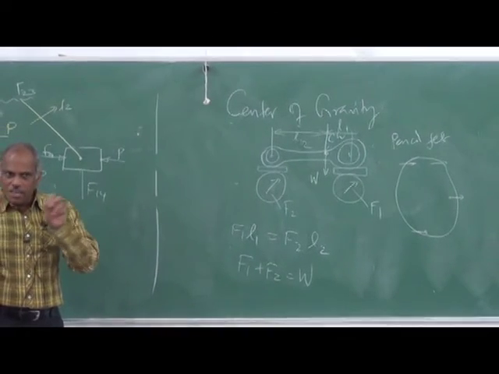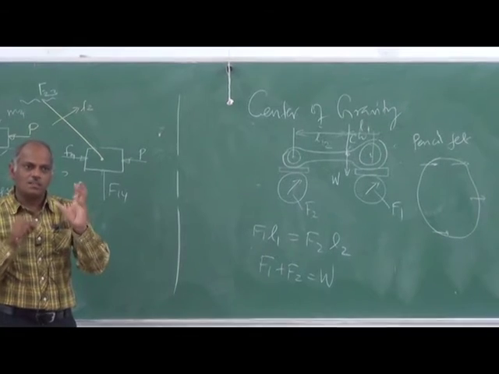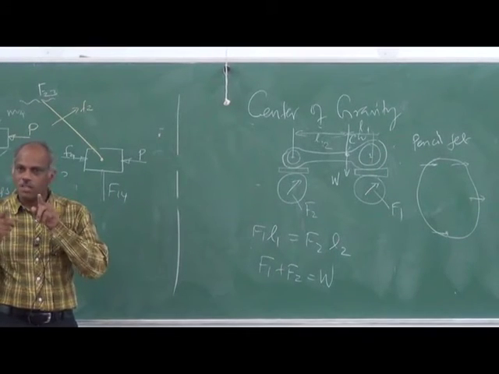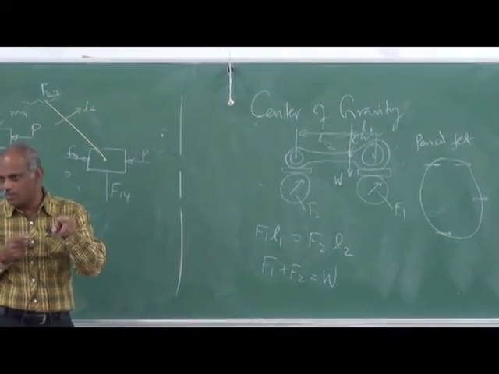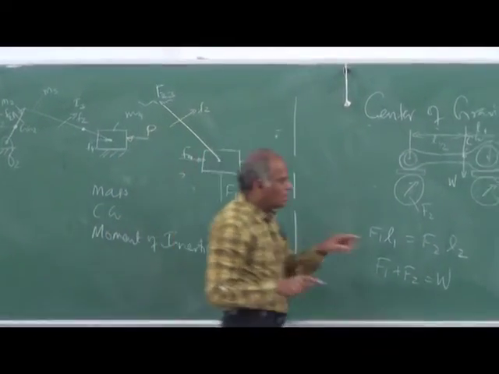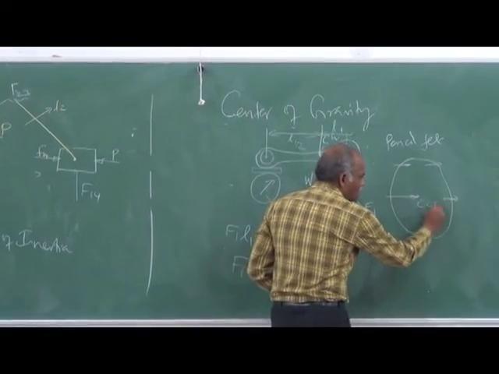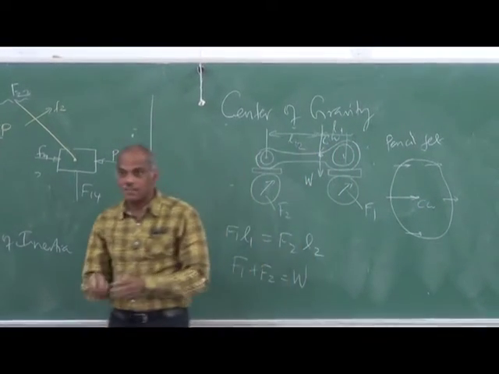So I can operate these pencil jets in such a way that I can manipulate the position of the satellite. If I want it to rotate, I have to apply a couple. If I want it to simply translate, I have to carefully operate the pencil jets so that the net force is acting only through the CG of the satellite.